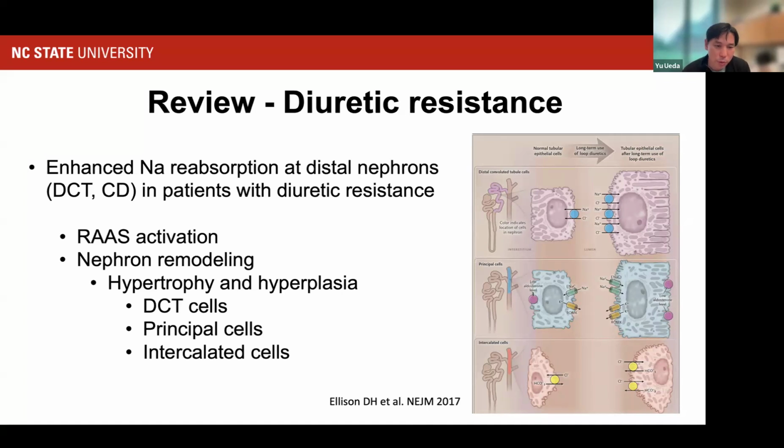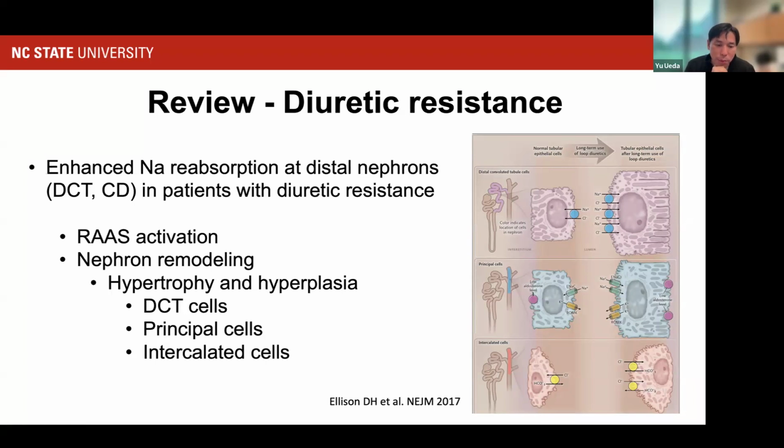Again, multiple times, the RAS activation, but also this nephron remodeling at the distal nephrons, including the enhanced sodium chloride co-transporters at the early distal convoluted tubules, or the increased sodium and water reabsorption at the principal cells and the collecting duct, and also increased chloride resorption, and then increased bicarbonate secretion at the beta intercalated cells.